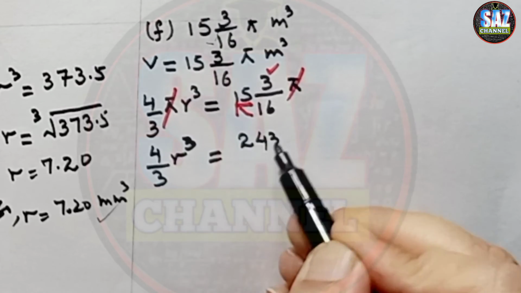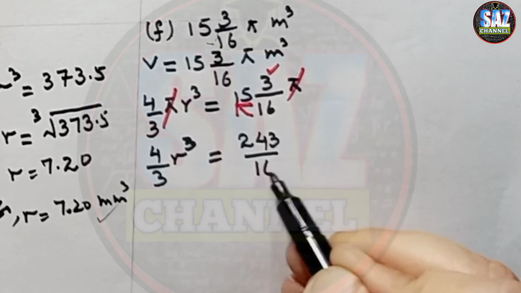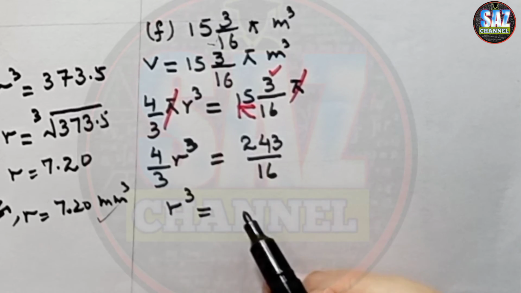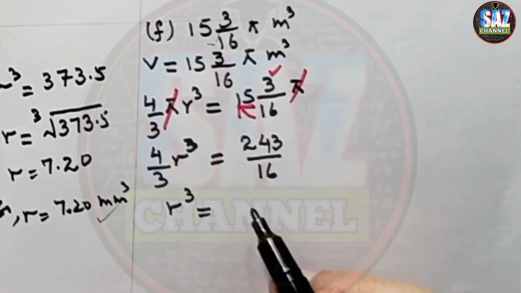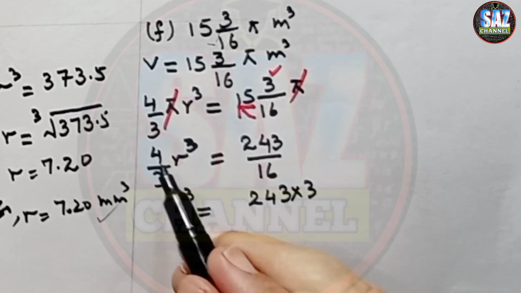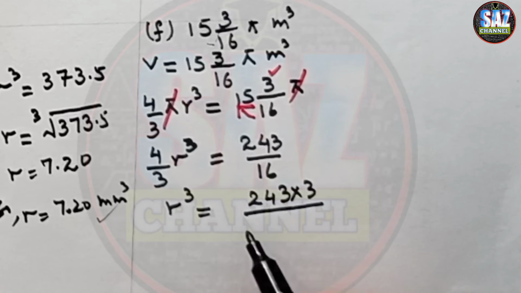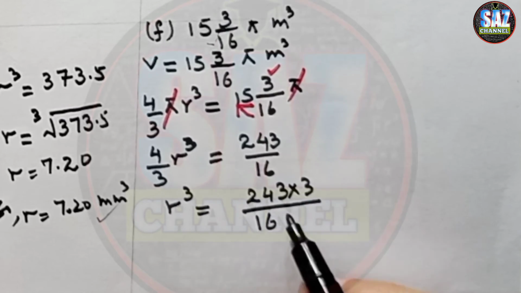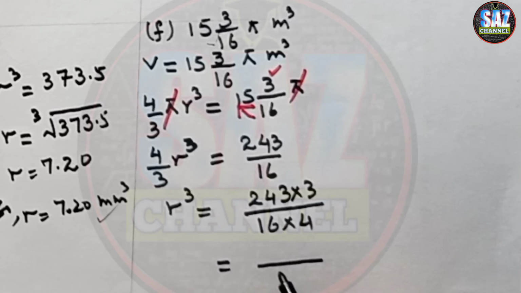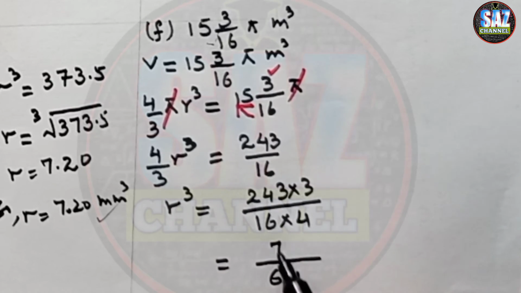Now go for cross multiplication, so r cube will be equal to 243 multiplied by 3, and here I have to bring 4 down. 16 multiplied by 4 is 64, and 243 multiplied by 3 gives me 729.